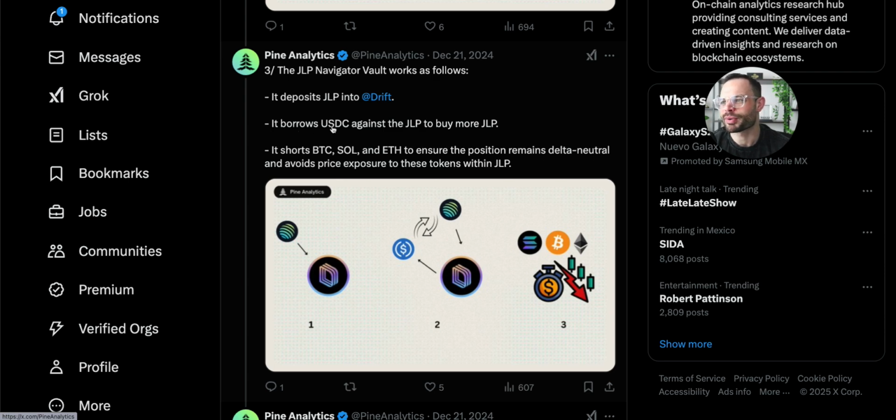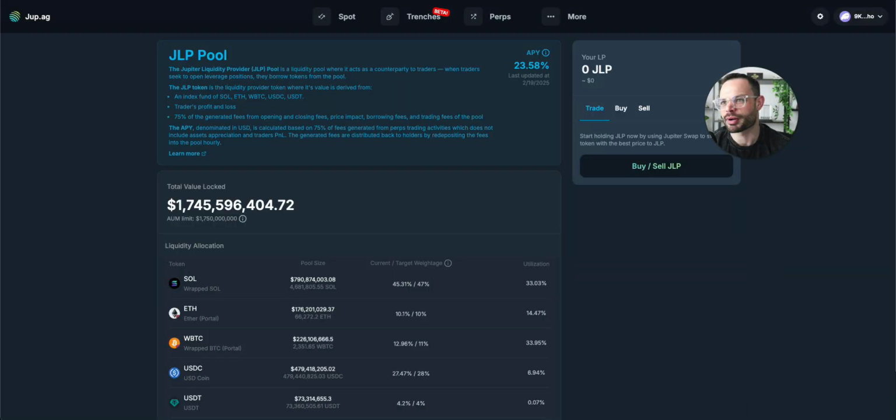It's then borrowing USDC stablecoin against that JLP, which is being used as collateral, and it's then looping that USDC back in to purchase more JLP and lever up our exposure to the asset JLP, which also levers up our exposure to increase the leverage for this APY.